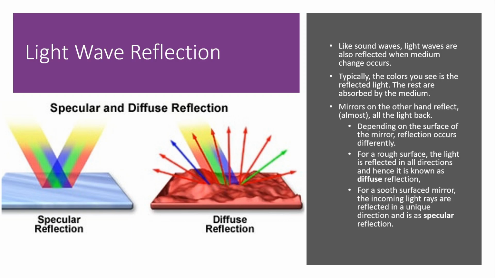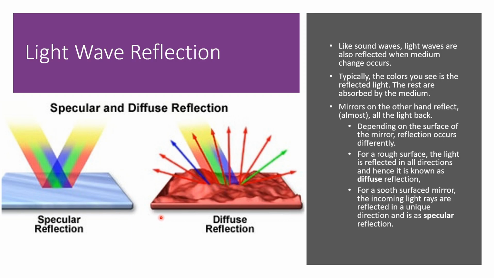On the other hand, where you've got a smooth mirror, your light will come in and then be reflected back in another direction, and that's known as specular reflection. For all cases that we're going to talk about, we're going to be working with specular reflection.